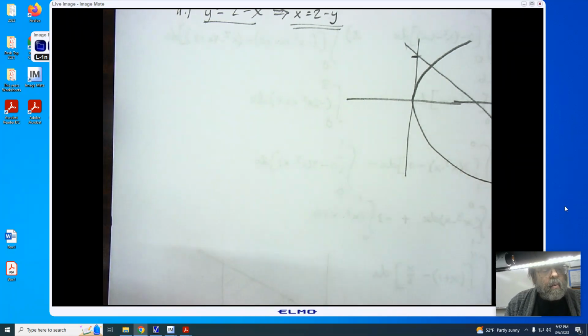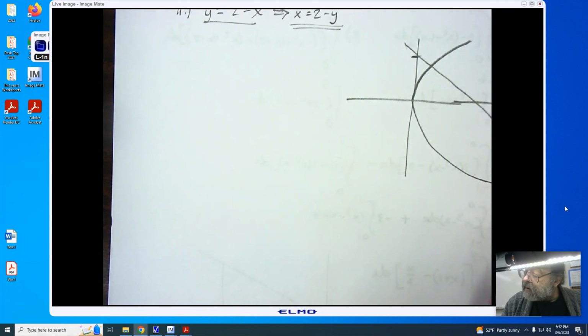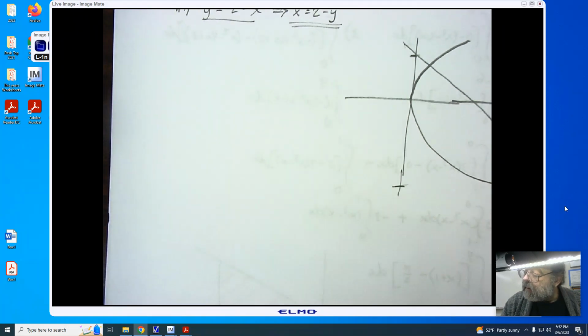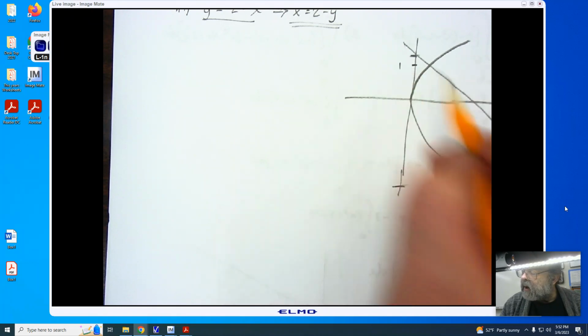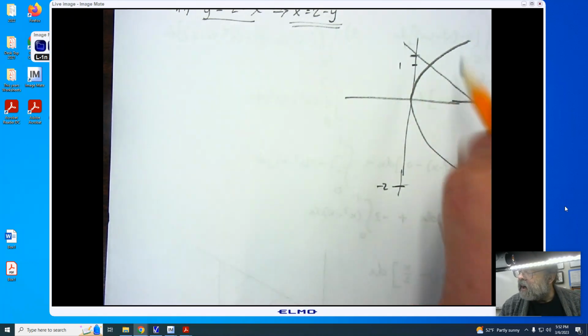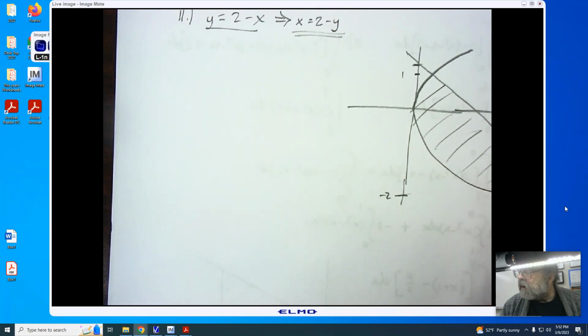And the integral that we want is going from -2, that happens to be this intersection over here, to 1. And that's this intersection right here. So we're going from -2 to 1, and the region we want is right there.